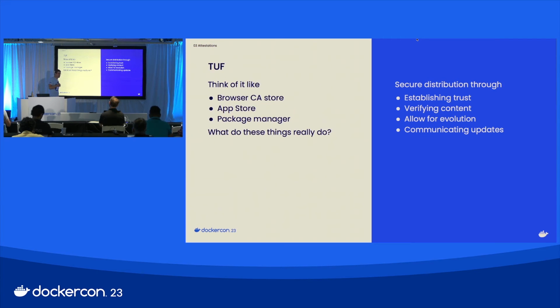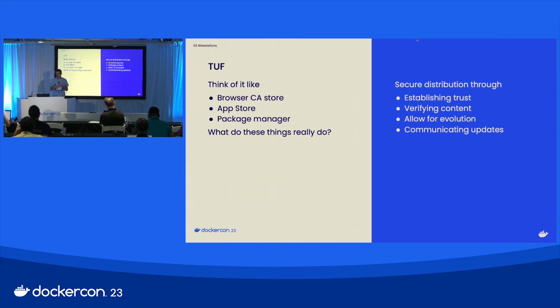So what these CA stores, app stores, package managers, and TUF are doing is establishing secure distribution of software artifacts, by establishing trust, verifying content, and also allowing for evolution, right? Your package managers tell you when new software is available.